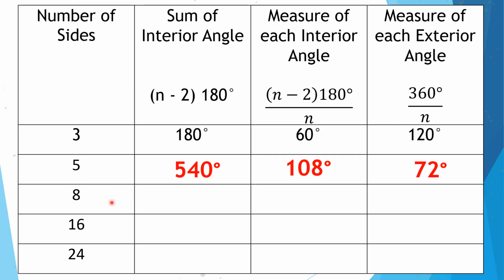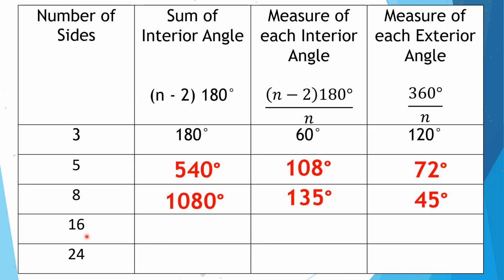Number of sides is 8. Sum of interior angles is 1080 degrees. Measure of each interior angle is 135 degrees. Measure of each exterior angle is 45 degrees.